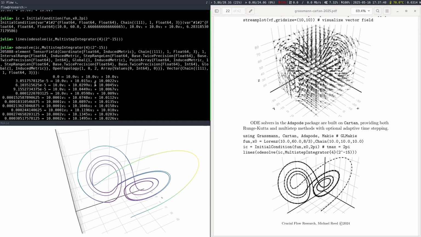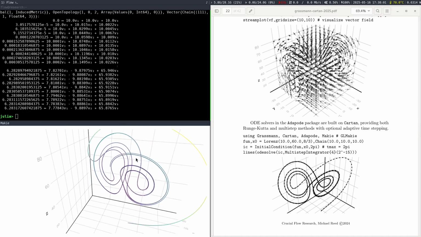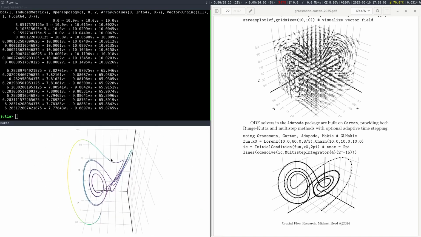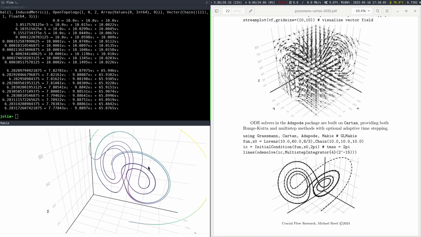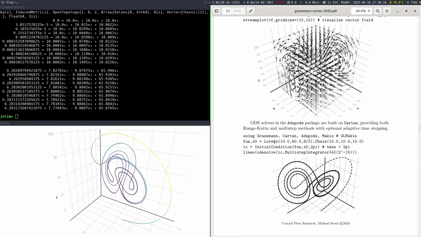They're three-dimensional vectors in Grassmann algebra, okay? And then the whole solution of the differential equation is a tensor field in the Cartan package. And the Adapode package has a differential equation solver, okay? As an example.